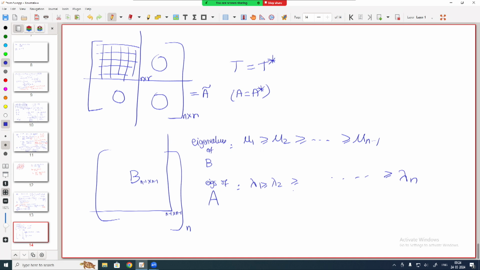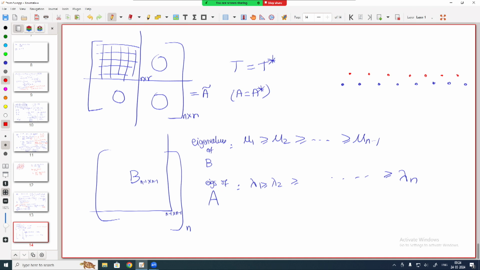So the bottom one has n entries, and the next one only has n minus 1, and the statement is most easily remembered by means of this picture. If you imagine n eigenvalues on the bottom, the n minus 1 eigenvalues of the truncation are best thought of as these dots.